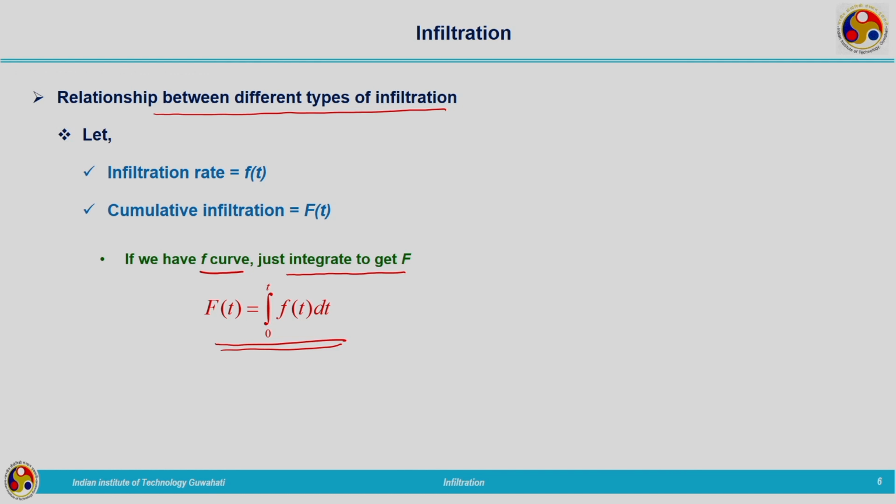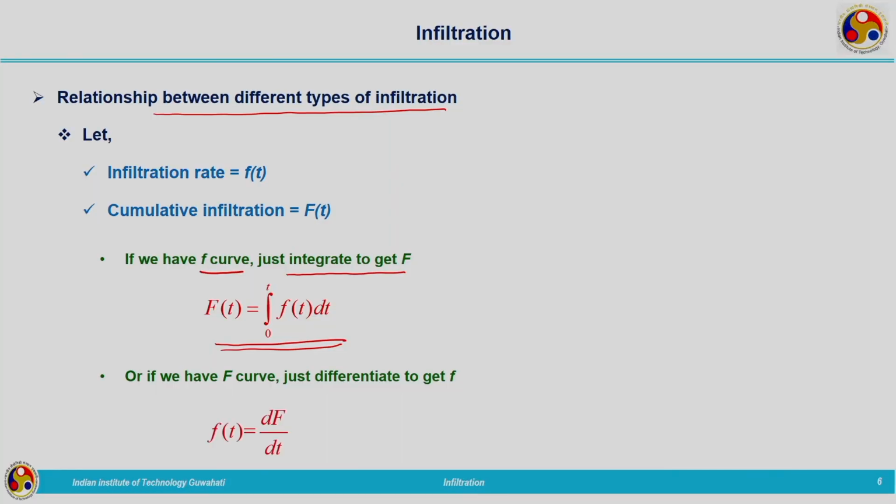So, capital F of t, the cumulative infiltration, can be obtained by integrating the infiltration rate over the entire duration of infiltration. If we have the cumulative infiltration, capital F, then to get the infiltration rate we can differentiate the cumulative infiltration curve.